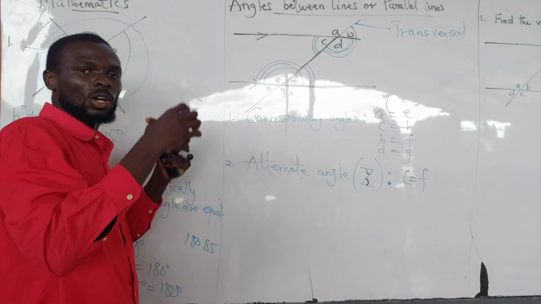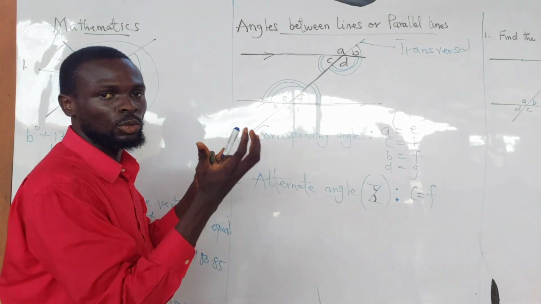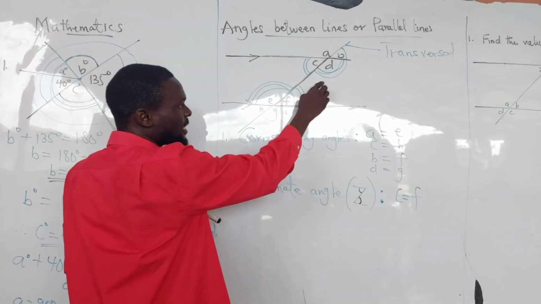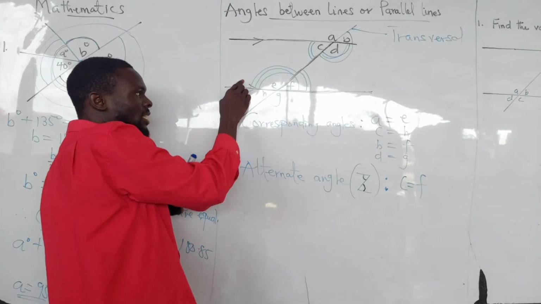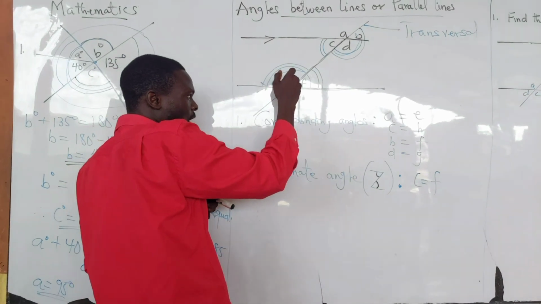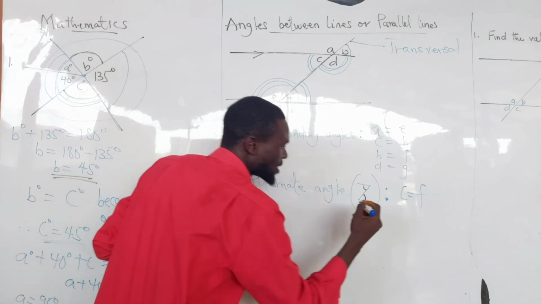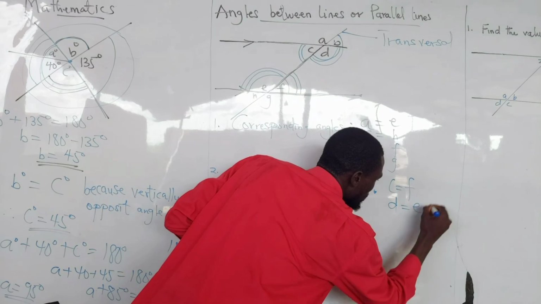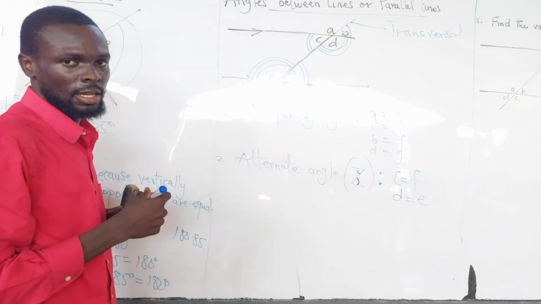So we are saying that alternate angles are equal. So this angle, which is the D, is equal to this angle because we are able to form a Z shape with this. So we can say D is equal to E.